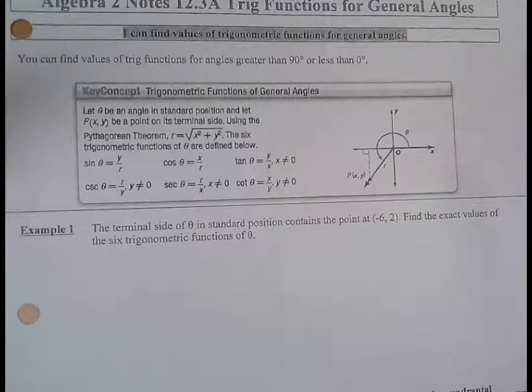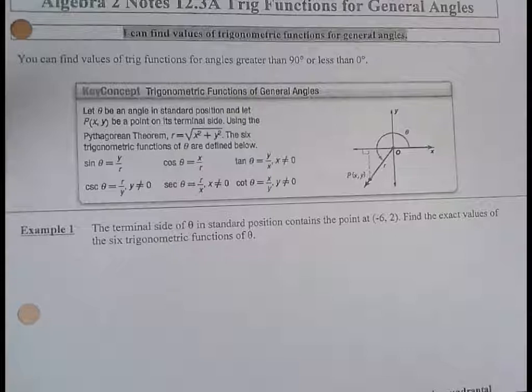But in lesson 12.1, 12.1A, when we found for different angle measures what sine, cosine, tangent, cosecant, secant, cotangent were for those angle measures using SOHCAHTOA, all of those angles were acute angles, less than 90 degrees, but still greater than 0. They were positive.